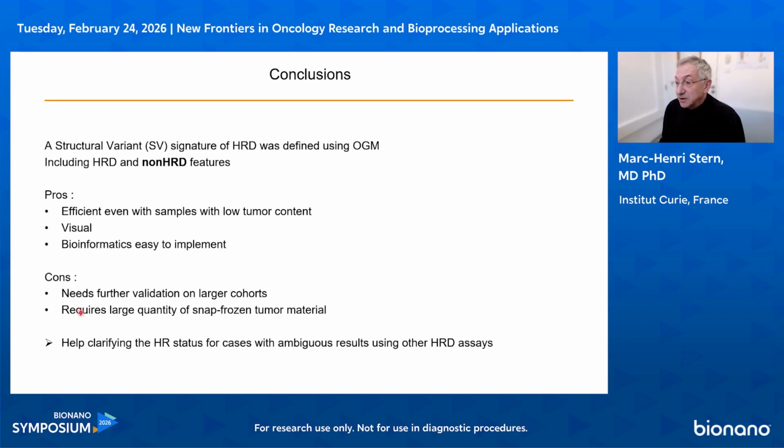However, it needs further validation on a larger cohort, and the main limitation is that it requires a large quantity of snap-frozen tumor material. In any case, it definitely helps clarify the HR status for cases with ambiguous results using other HRD assays.